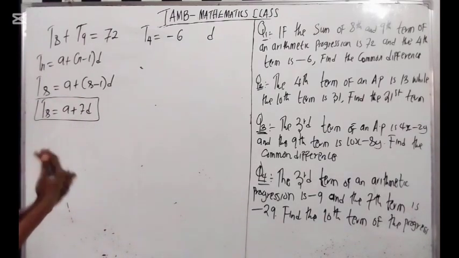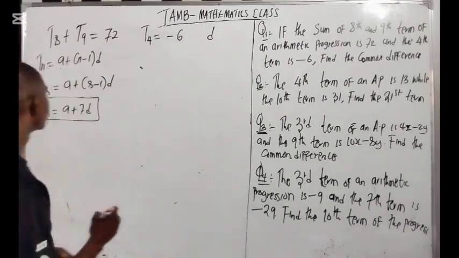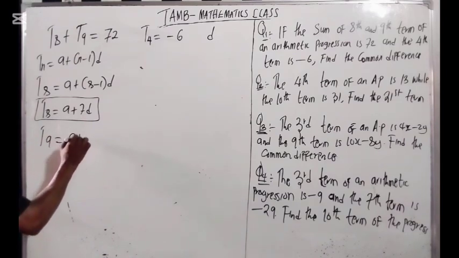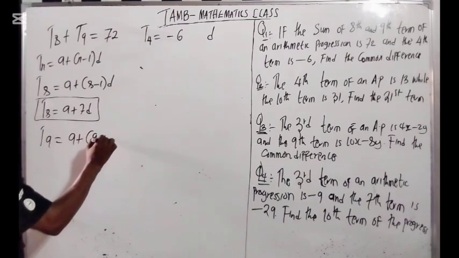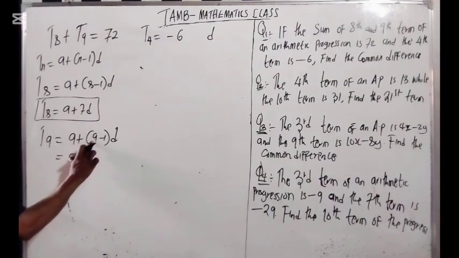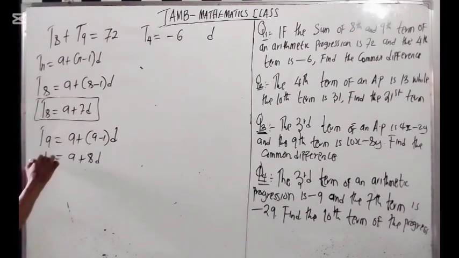We have to repeat the same thing for the 9th term. T9 equals a plus 9 minus 1 d, so it's a plus 8d. That is my 9th term.